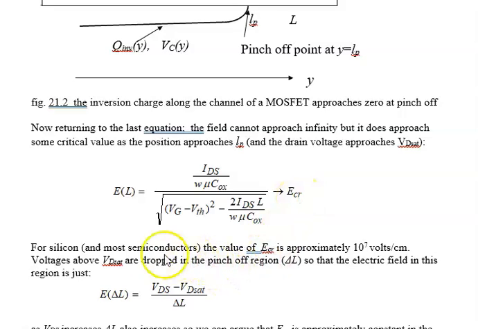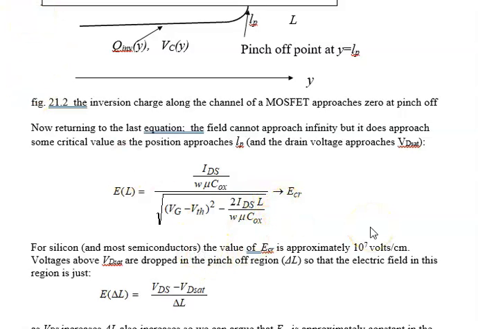And for most semiconductors, specifically for silicon, this critical value of the electric field is about 10 to the 7th volts per centimeter. And we're going to make an argument now that the electric field cannot go higher than that. Let's make that argument and see if that makes sense.